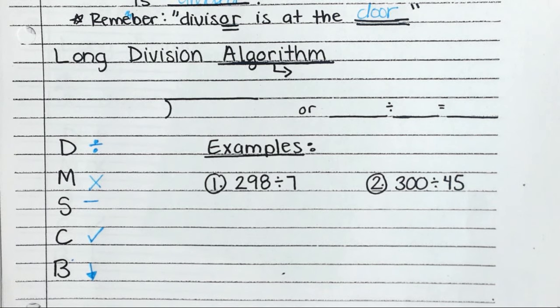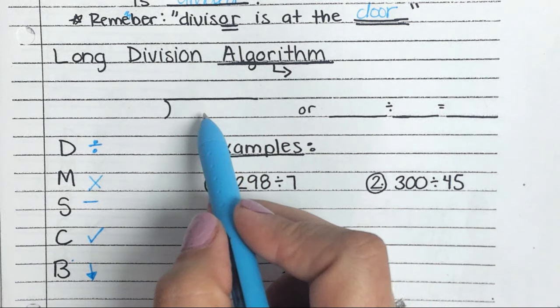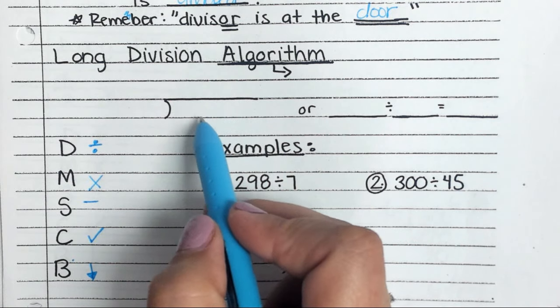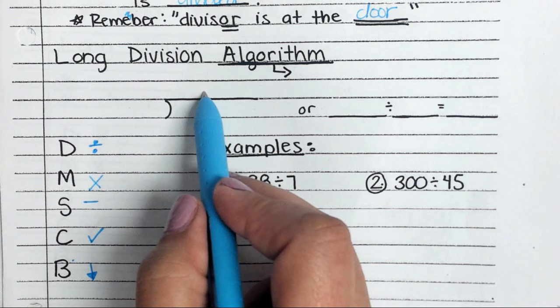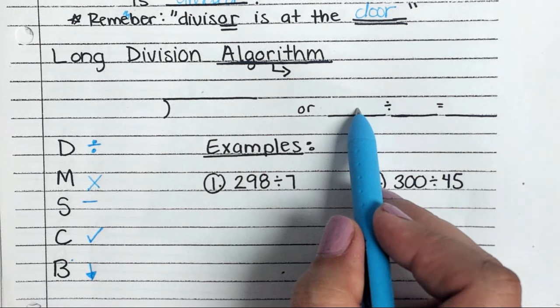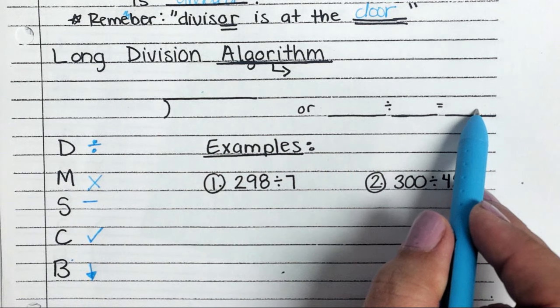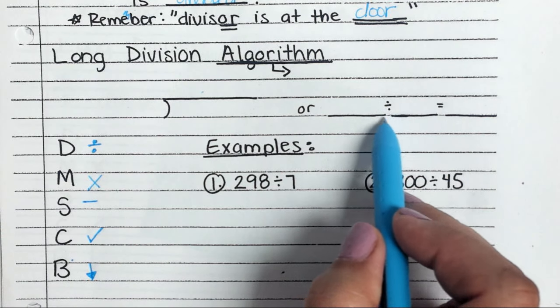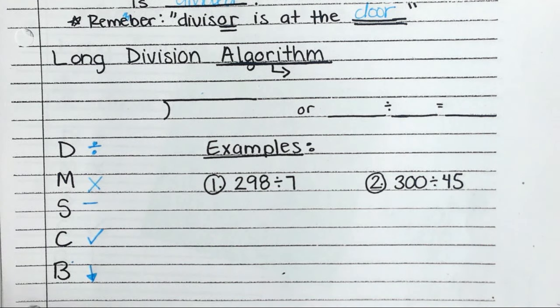Now, you can see division problems written 3 different ways. The first would be like this, where we have our dividend, our divisor, and our quotient. We could see it written horizontally, where you have the dividend, divisor, and quotient, using the division symbol. But there's one other way that's not on here.